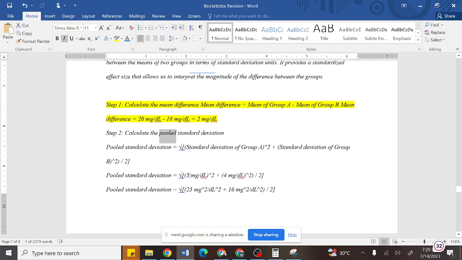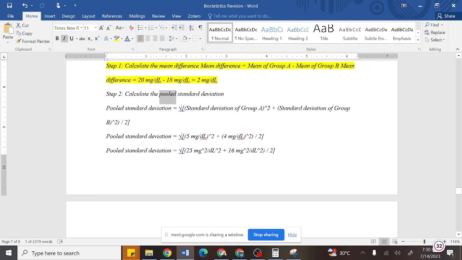So you have 25 squared plus 4 squared, that divided by 2. So you will have the 25, which is the square of 5, and then the square of 4 is 16.